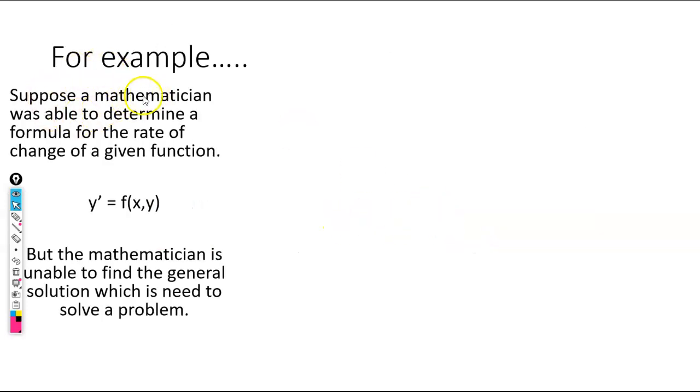So for example, suppose a mathematician was actually able to know the rate of change for a function, which isn't uncommon. You could know how fast something is changing. But let's say that mathematician wasn't able to figure out what the general solution was. He just knew the rate of change. He didn't know what the actual function was.